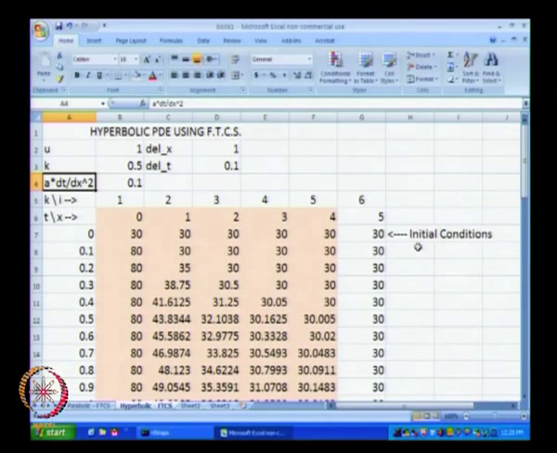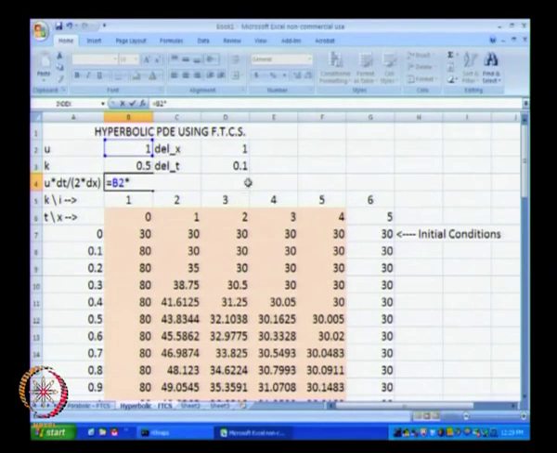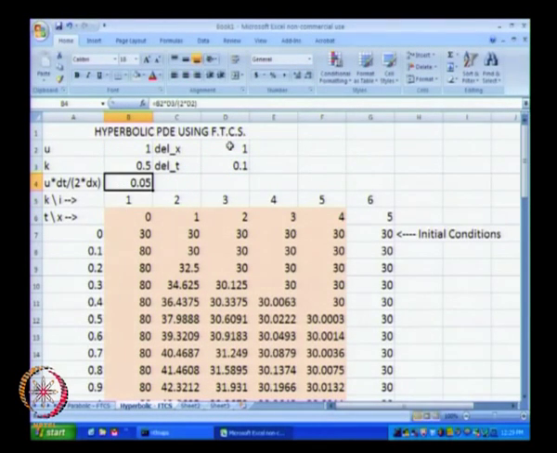Instead, what we need is u multiplied by delta t divided by 2 delta x. So, that is what we are going to compute. This is going to be equal to u multiplied by delta t divided by 2 multiplied by delta x. That is the value that we are going to use over here.